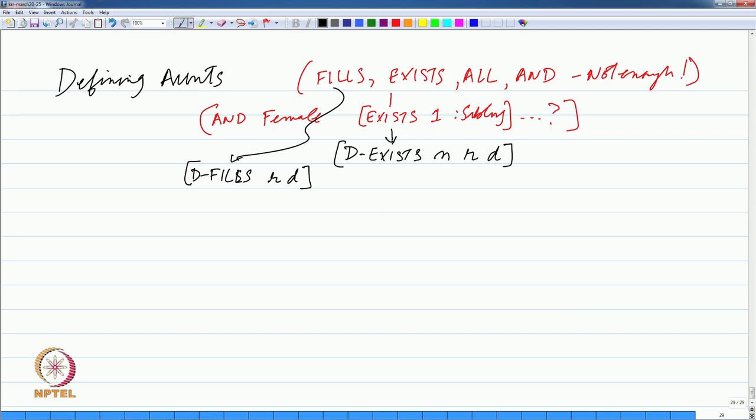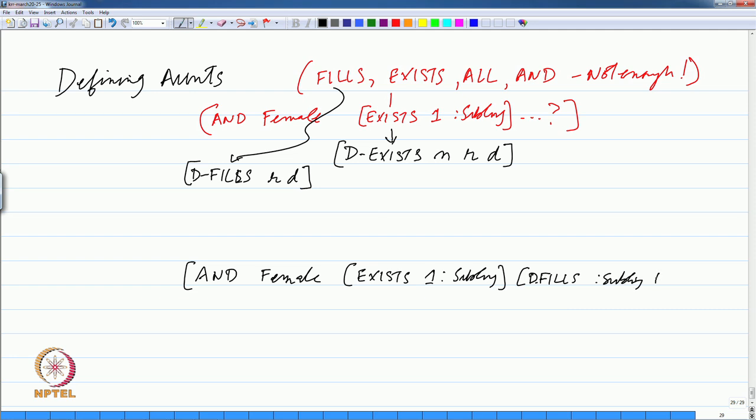So, supposing we had this, then we could define an aunt by: and female, exists one sibling, and D fills sibling parent, or we could say: and female, simply the one that we just said, D exists one.